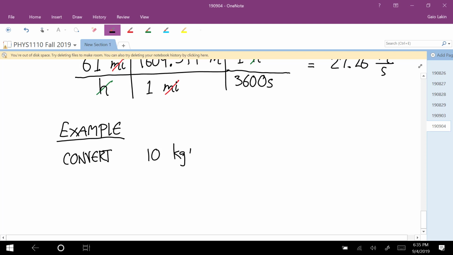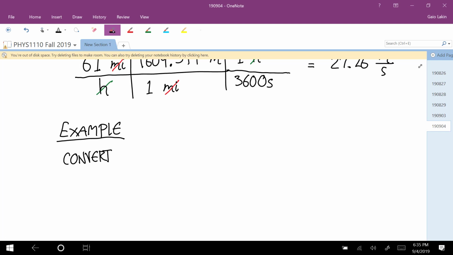Kilogram meters per second into, now what did I do? Let's turn this into, oh Lord. Okay, no, don't do this yet. I'll give you another one later to do.